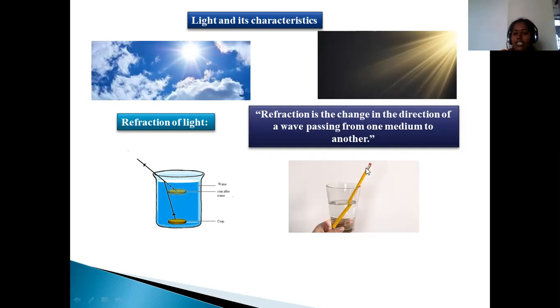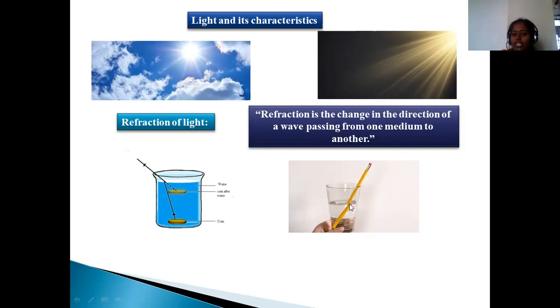Initially the pencil is a straight line. Whenever it is dipped into water, we view the pencil at a certain angle, so some curve is observed.